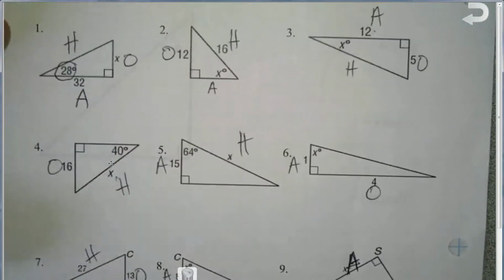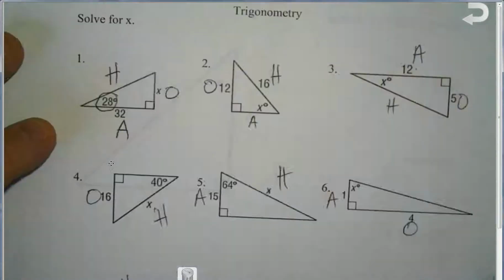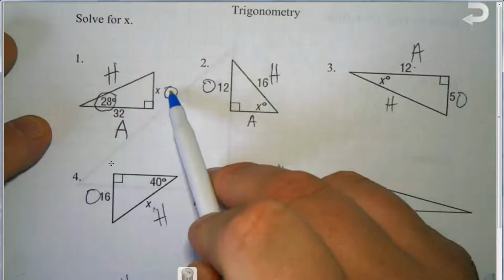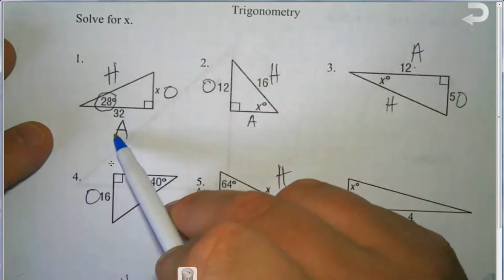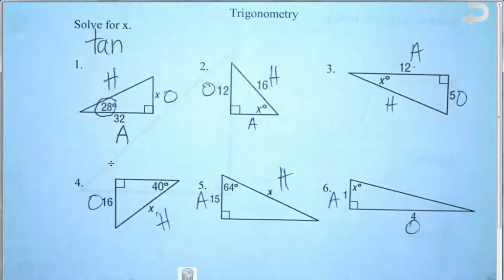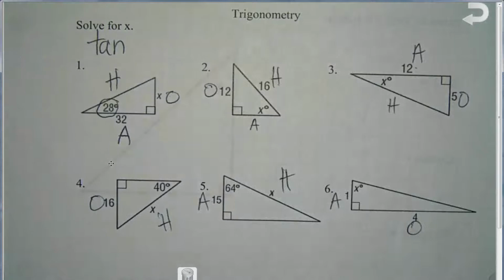So now what I want you to do is take about 5 minutes, and decide, are we supposed to be doing sine, cosine, or tangent? Well, in this one, the numbers are on O and A. Well, is that sine, cosine, or tangent? Tangent. So I'm going to put the tan right there. So right above the problem, or right below, wherever you can, tell me if the problem is going to be sine, cosine, or tangent.